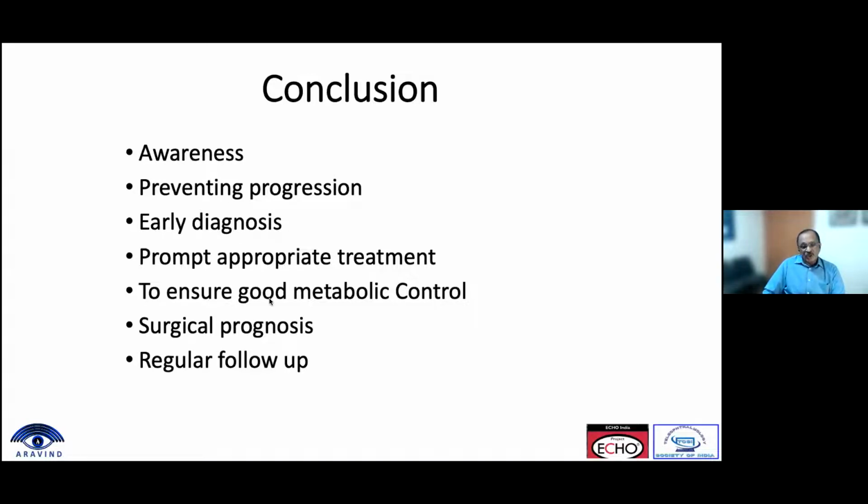Early diagnosis, frequent follow-up and initiating prompt, appropriate treatment in these patients, with good metabolic control, will definitely go a long way in helping them. The surgical prognosis, as I said, is good with regular follow-up. I would like to thank you at this point and stop here for further discussions.